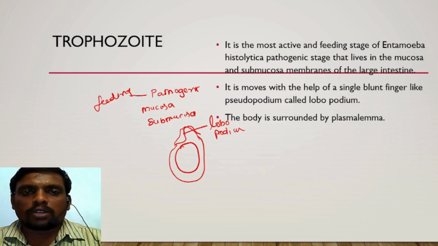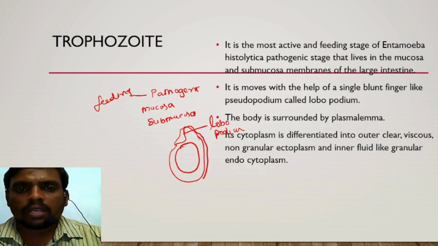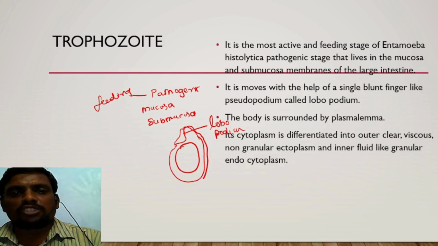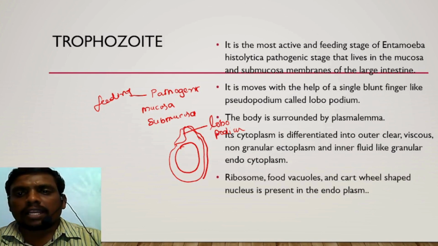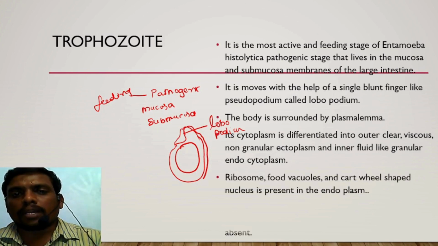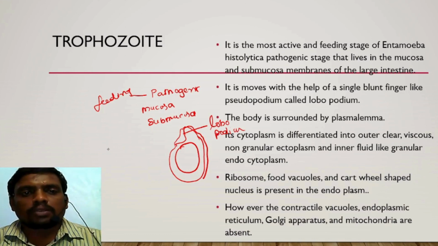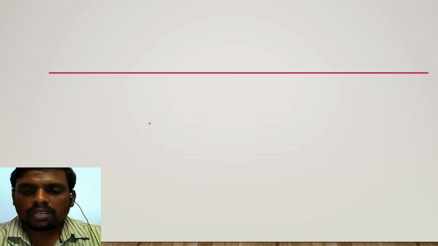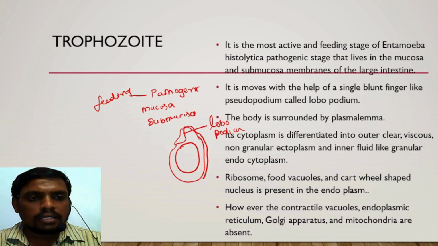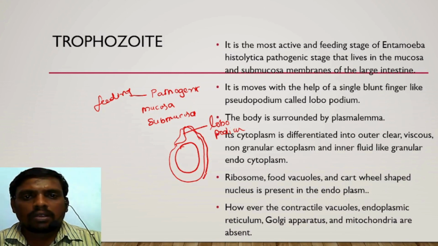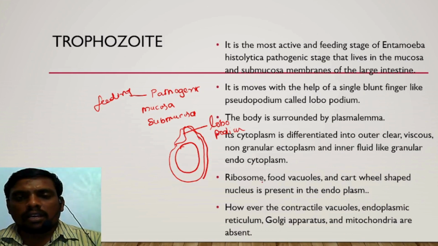The body is covered by a thin plasma lemma. Cytoplasm is differentiated into an outer clear, viscous, non-granular ectoplasm and an inner fluid-like granular endoplasm. Now, let us see what cell organelles are present in it.